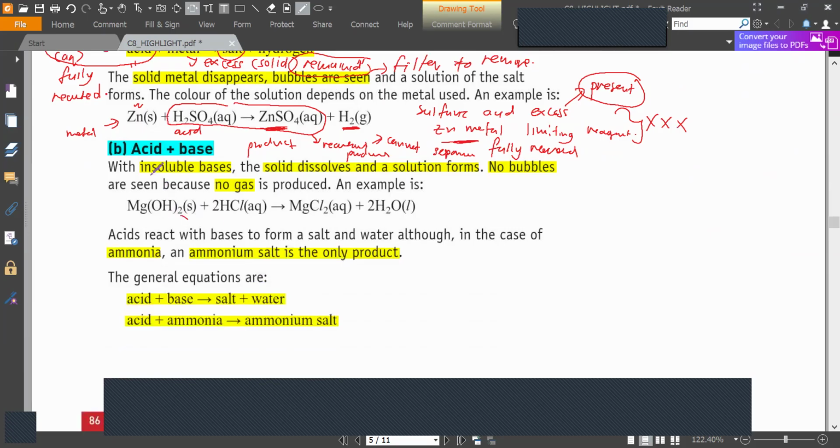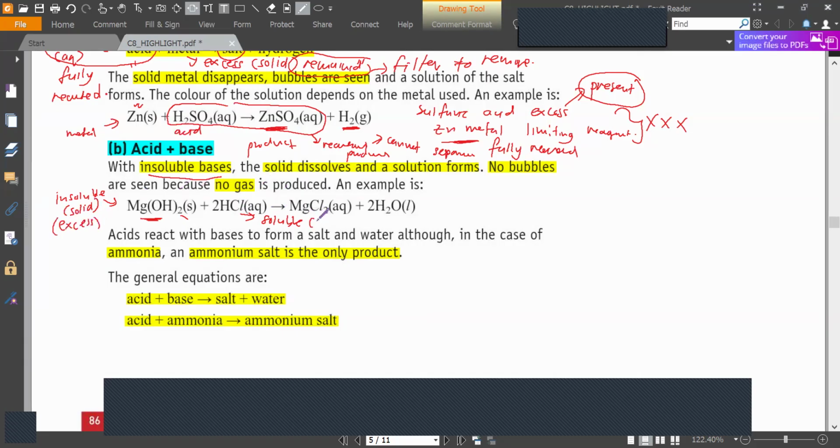Insoluble bases. For example, magnesium hydroxide is insoluble, while this one is soluble. This is a solid, so again we will put this in excess.